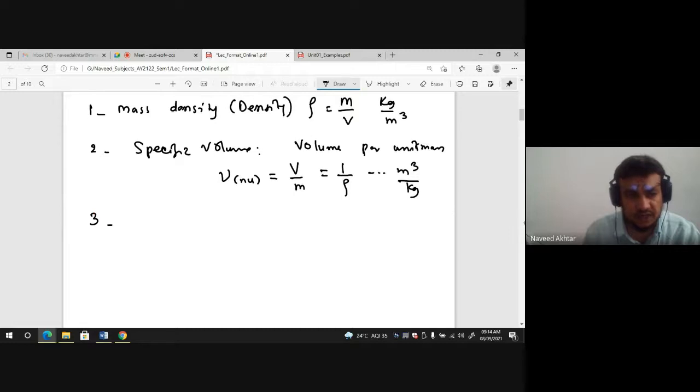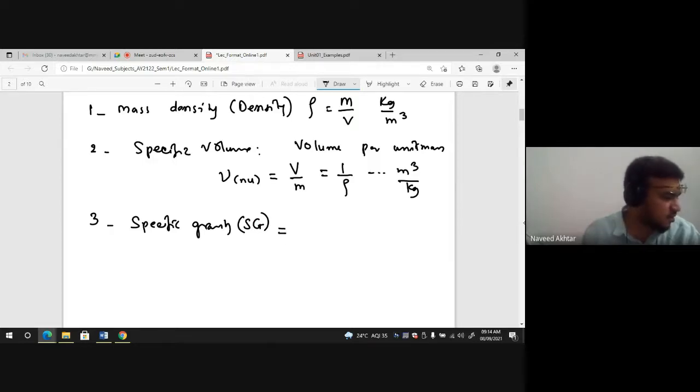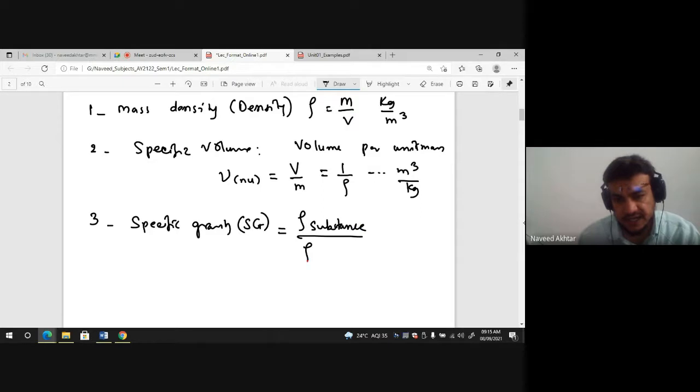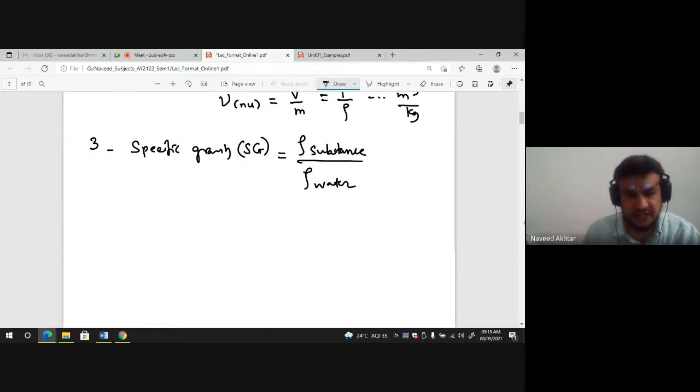It is very important. Then specific gravity, that is Sg. It is nothing but the density of any substance divided by the density of water. It is also called the weight of substance in water.